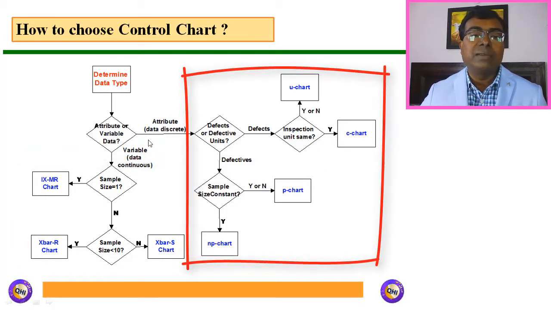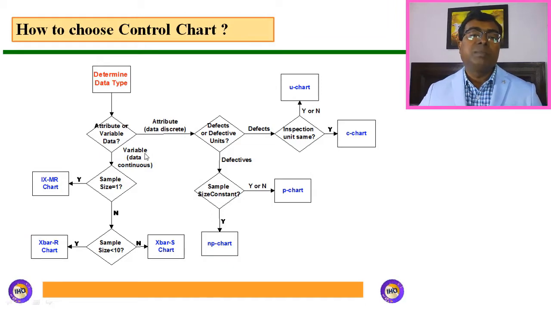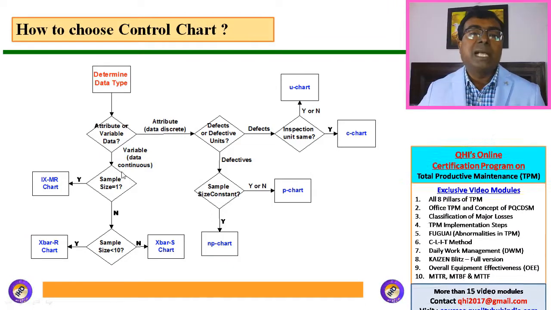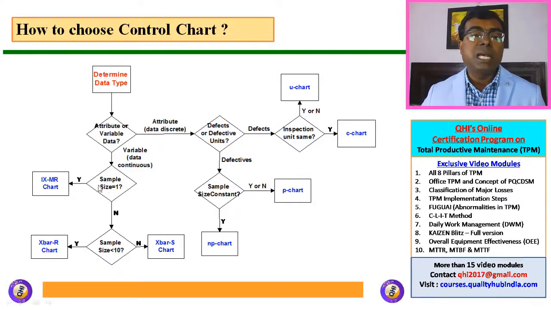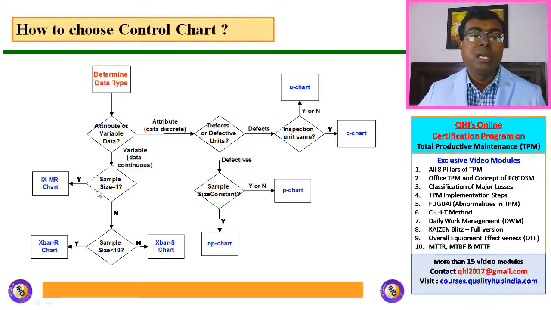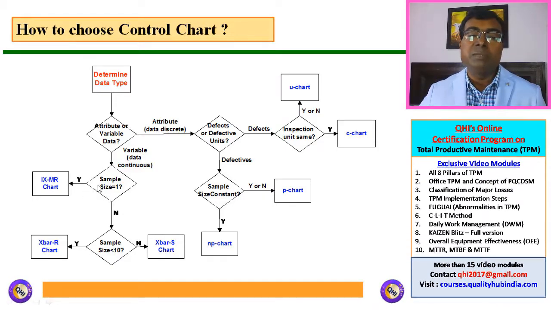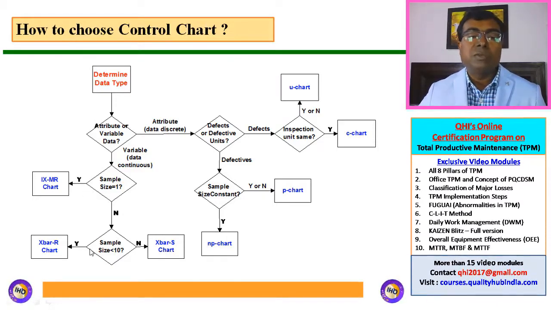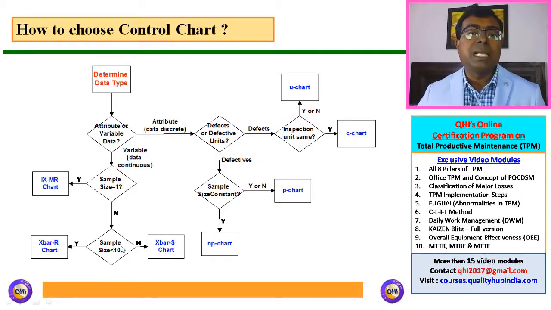So let's first understand the variable data control charts. If my data is variable in nature, my next question is what my sample size is. If my sample size is 1, I will use the individual moving range chart. If my sample size is more than 1, my further question is whether it is less than 10.